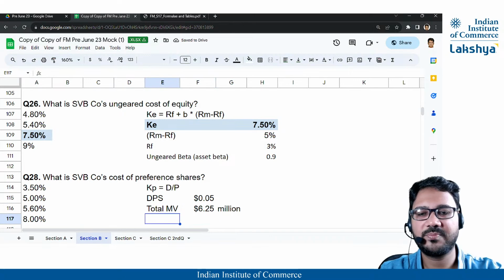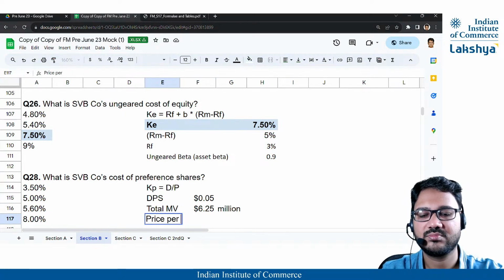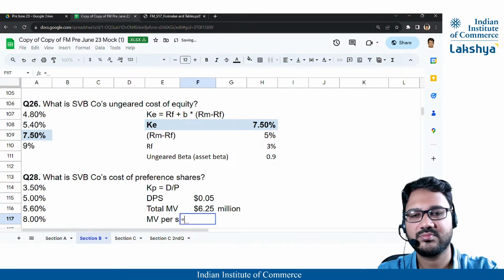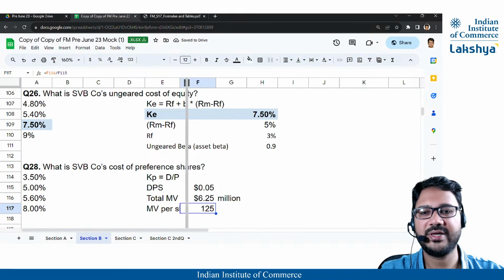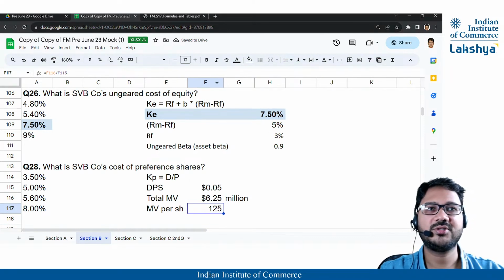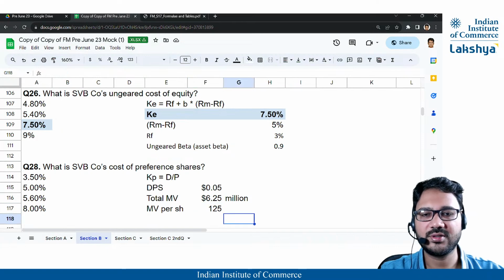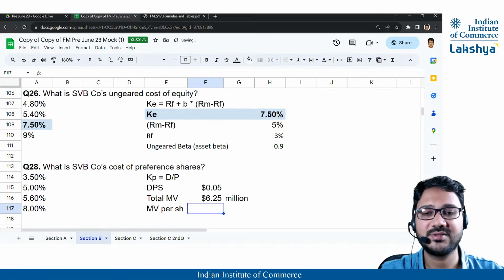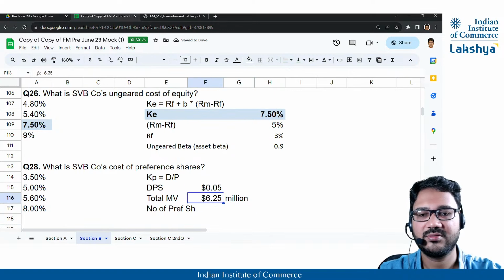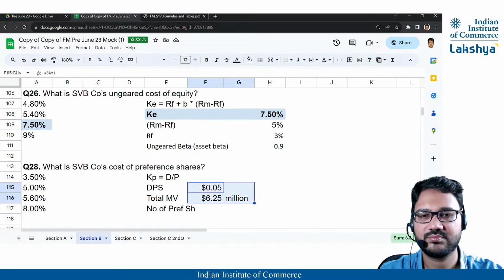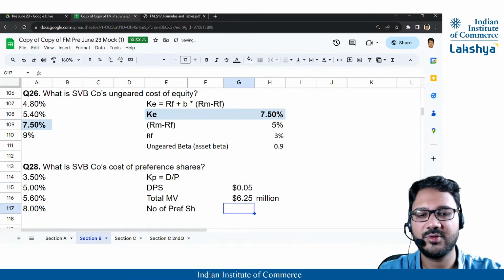What is the price per share, or the market value per share? This total divided by the number of shares, and these are ex dividend, which is what we need. So we need the number of shares first. Number of preference shares.